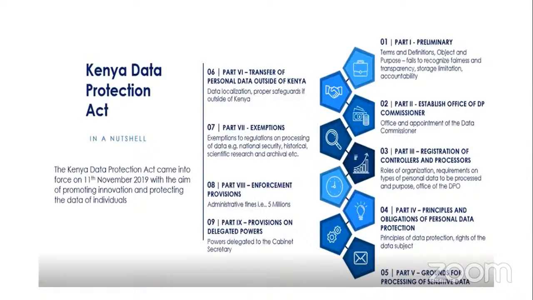It regulates those who are collecting data, and ensures that people are operating within the framework of the law. Then we also have registration of data controllers and data processors. If you want to become a data controller, you need to be registered.